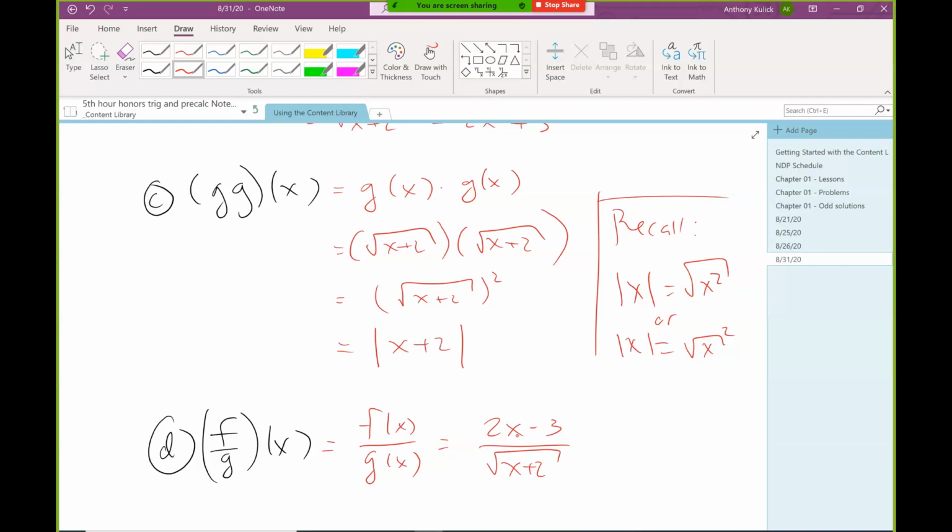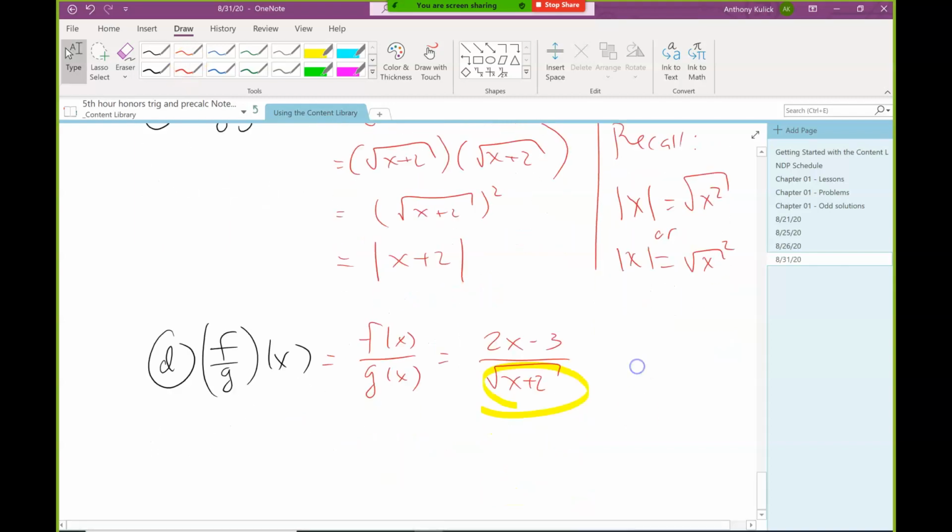So some of you are shaking your heads. Why would you say you'd want to do more? Go ahead, Ben. Right, so probably somewhere along the way we've told you not to leave the radical in the denominator. What I'm going to tell you for this class is if that radical in the denominator contains a variable, like an x, you just leave it the way it is. If it contains just numbers, where maybe it was -3 over the square root of 2, that I would like you to rationalize.